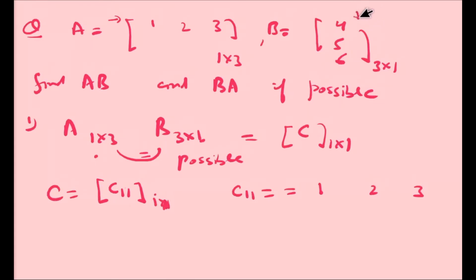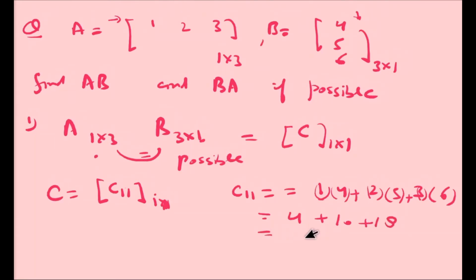So we can say C equals C11, of order 1 into 1, 1 row and first column. The value of C11 equals the first row, that is 1 2 3, and this is the first column, that is 4 5 6. So we multiply and add: 4 plus 10 plus 18, which is 32.